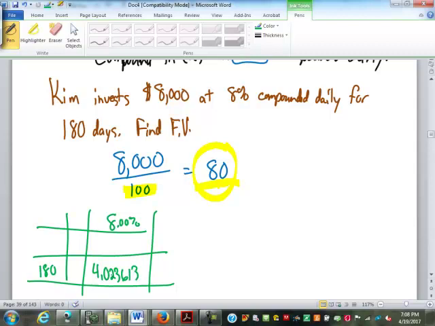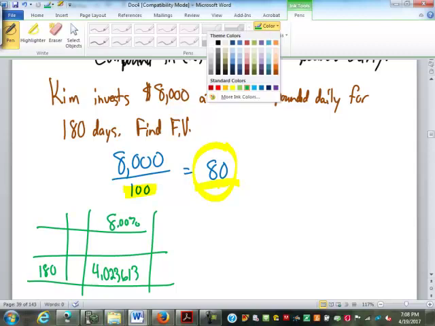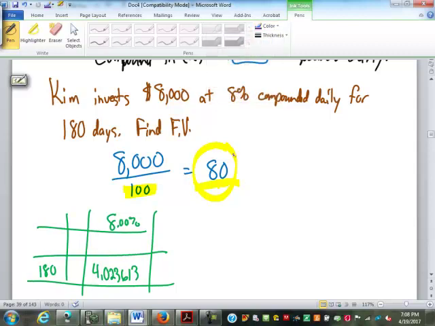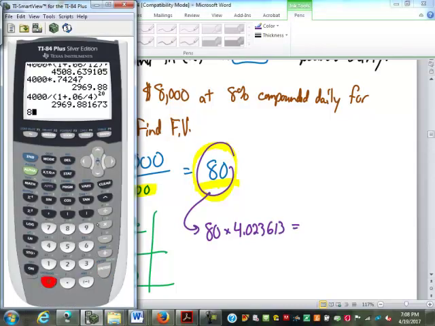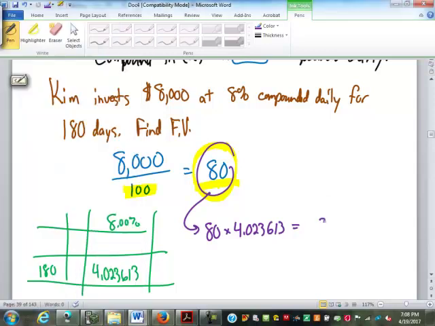Everybody find it? So we are going to take this $80 times 4.023613. $321.89.